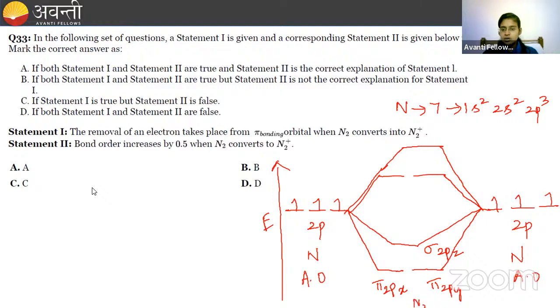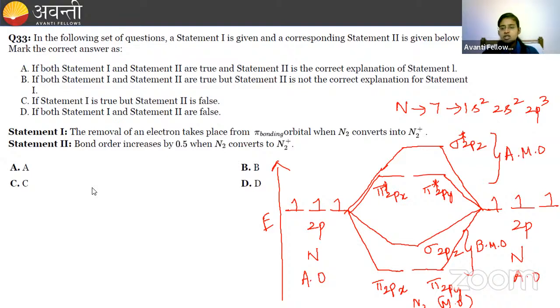These 3 orbitals are called bonding molecular orbitals. And the above 3, which is pi star 2px, pi star 2py, and sigma star 2pz, are called anti-bonding molecular orbitals.